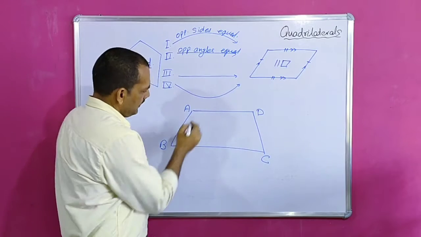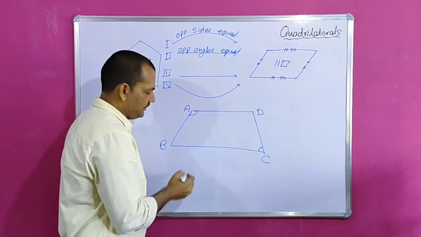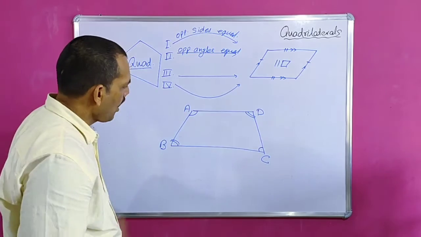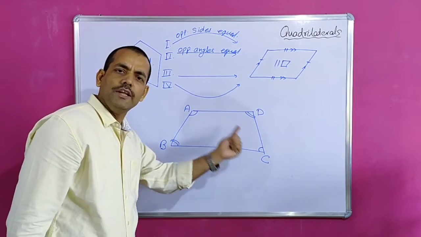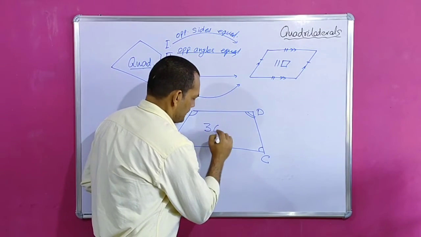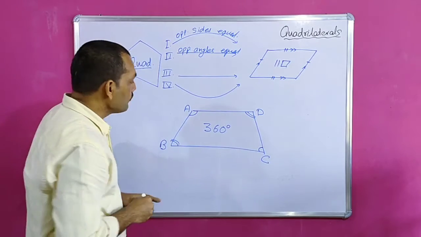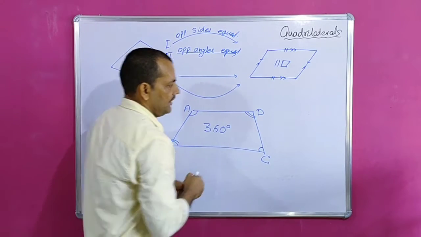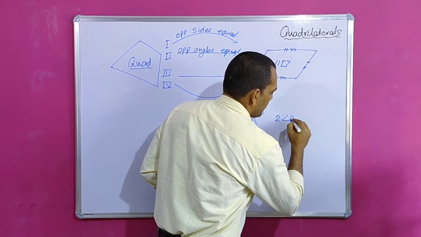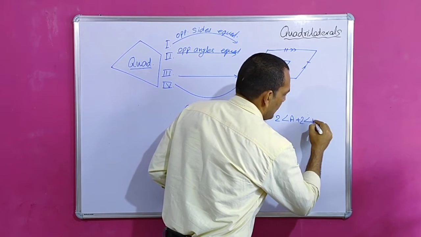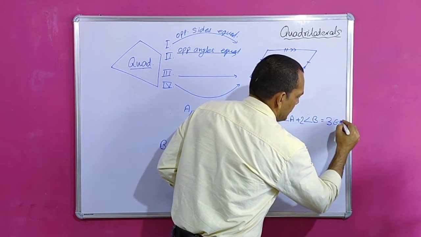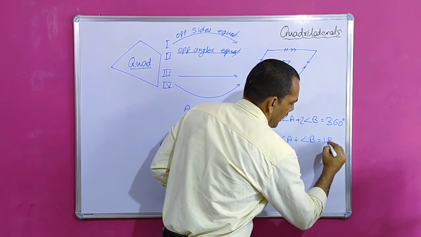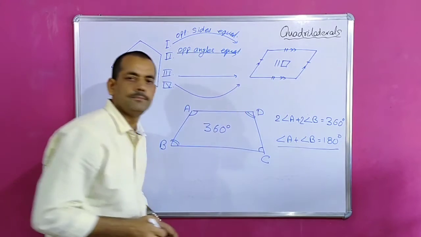It is given that angle A is equal to angle C and angle B is equal to angle D. And what is the summation of all these 4 angles? 360 degrees. Since A equals C and B equals D, it simply means twice angle A plus twice angle B is 360 degrees. It means A plus B is 180 degrees.